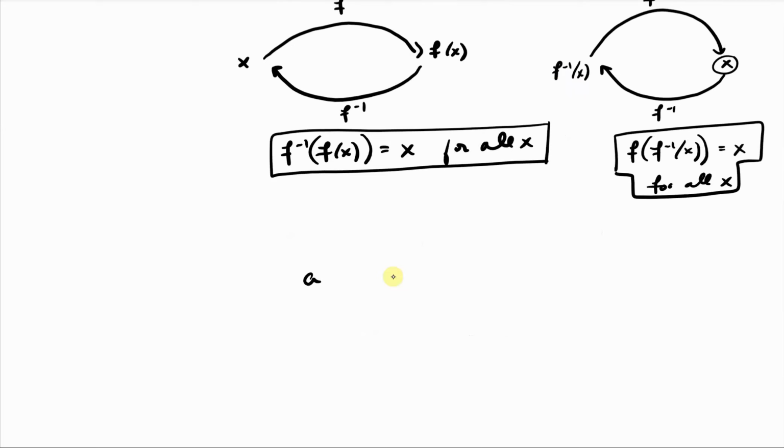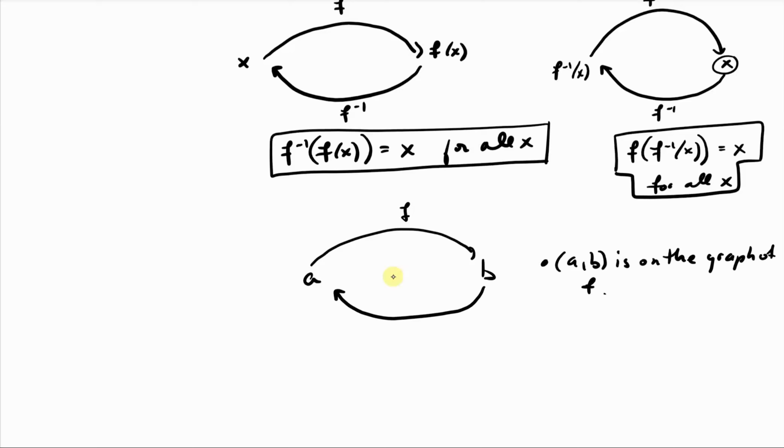If I've got a point A and apply f to it, I get B. So that tells me that (A, B) is on the graph of f. If I apply f inverse to B, I get back A. So that means that (B, A), by flipping around B and A, is on the graph of the inverse.